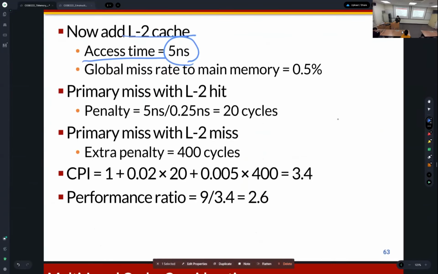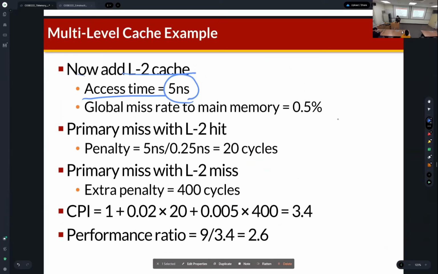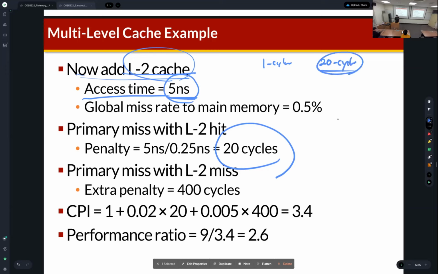But for the L2 cache, the access time is 5 nanoseconds, so the access cycle for L2 is 20 cycles. It's slower than the L1 cache: the access cycle for L1 is 1 cycle, but for L2 it is 20 cycles. It's 20 times slower than the L1.